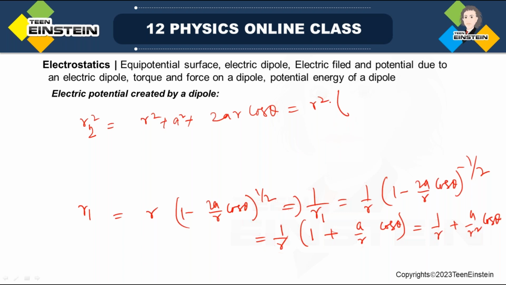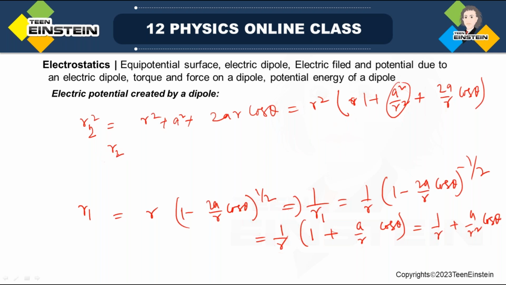So here will be 1 plus a square by r square plus 2a by r cos of theta. Then this term could be neglected, so we get nearly, I'll just directly go with r.